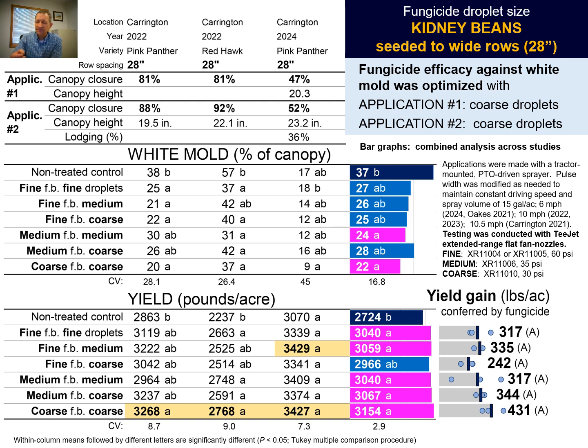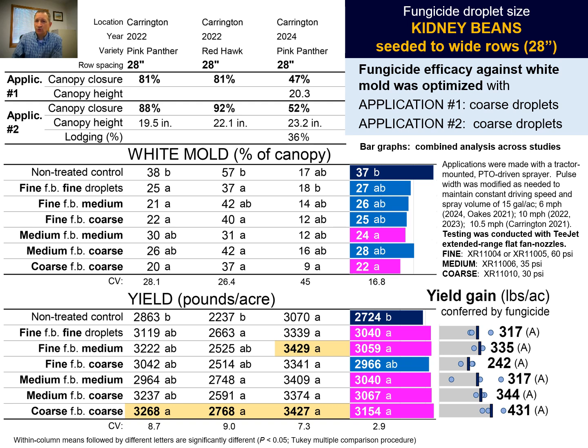What this means is that the canopy is very dense within the row. In order to penetrate a dense canopy, you need droplets with velocity, i.e. coarse droplets.